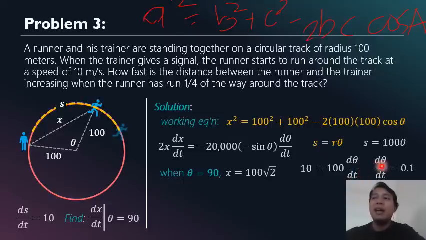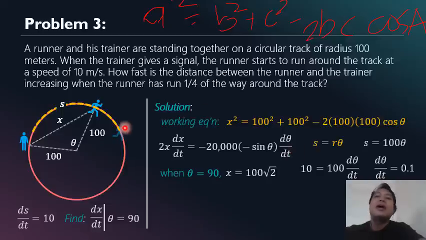What is the unit of that? Since it's an angle, by default our unit is radian. So it's 0.1 radian per second. Now we can substitute this. So, what is our simplified expression?